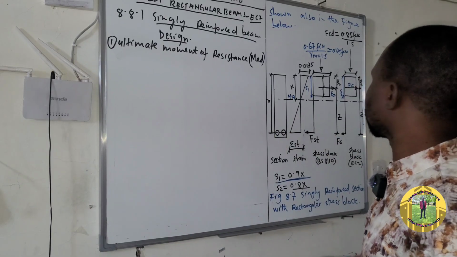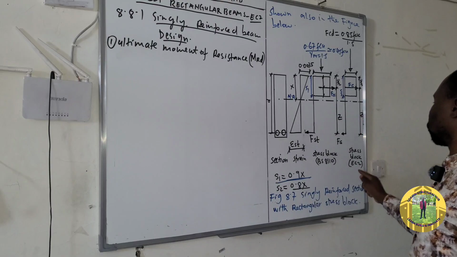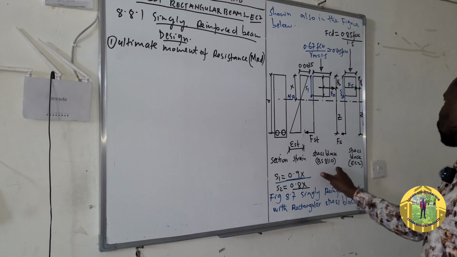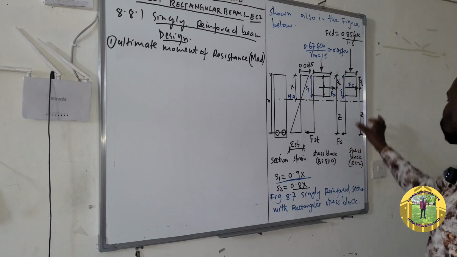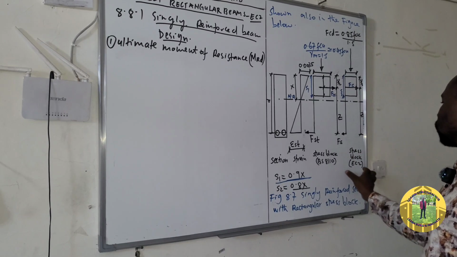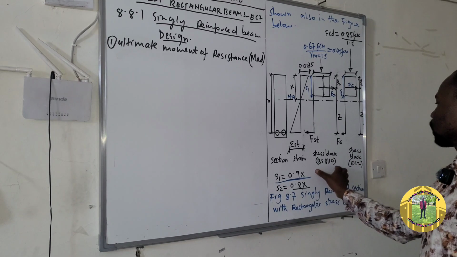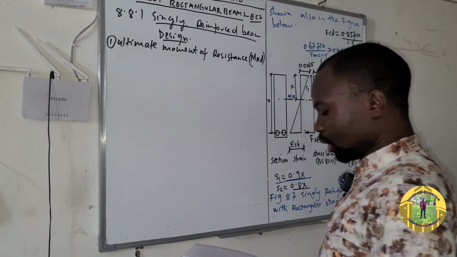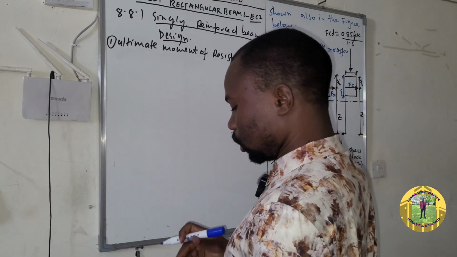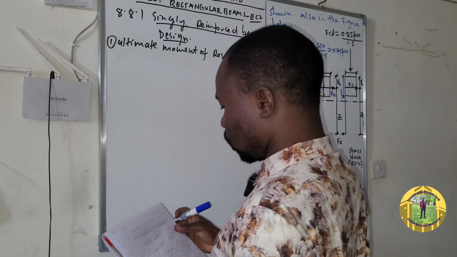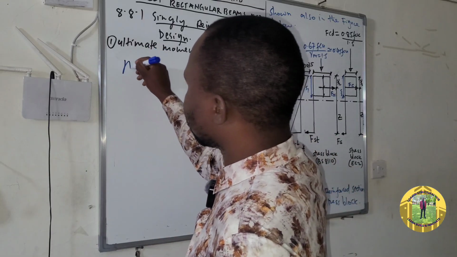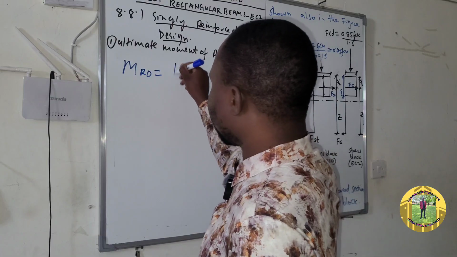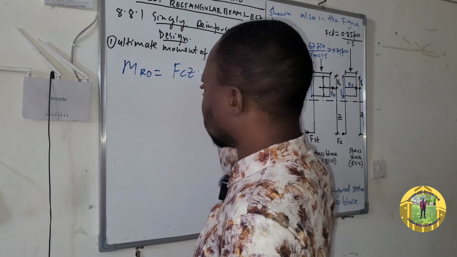We will use this block for Eurocode 2 and not the one for BS 8110. So we know that the moment of resistance MRD is equal to FC times Z.